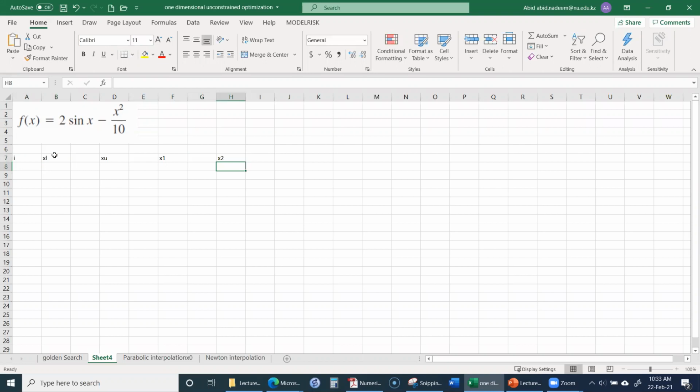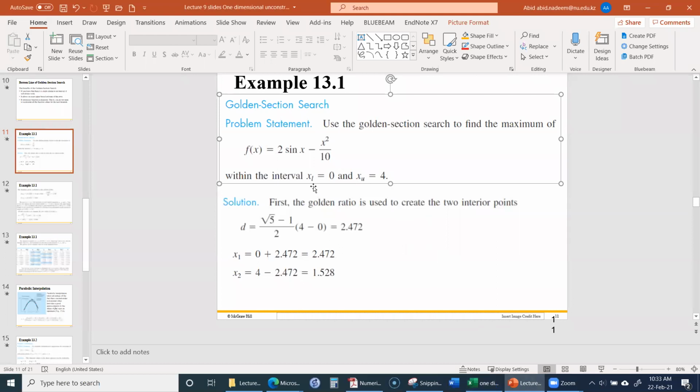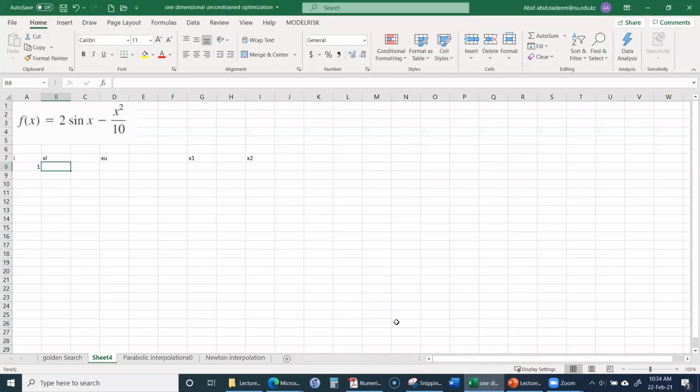But I think for finding X1 and X2, we need to find the value of D as well. So this is how the process goes. I is the first iteration, and XL and XU are given. That means we have to find the maximum or minimum between these values. So XL is 0 and XU is 4.